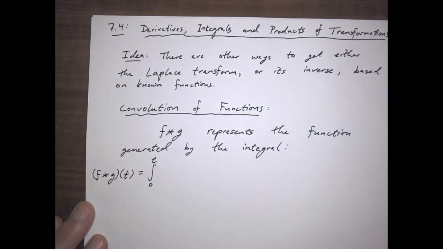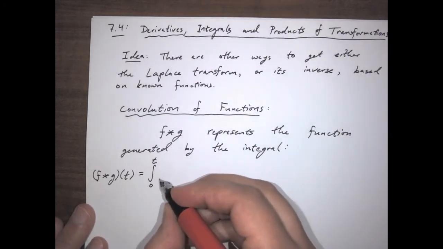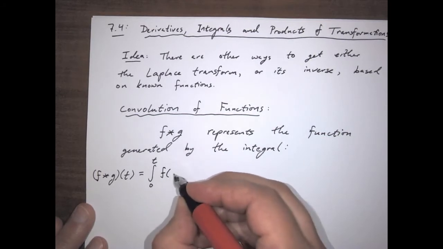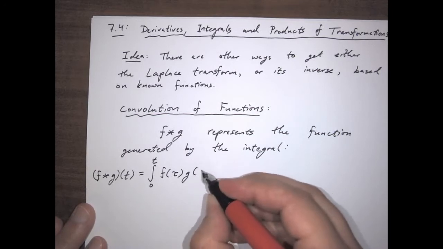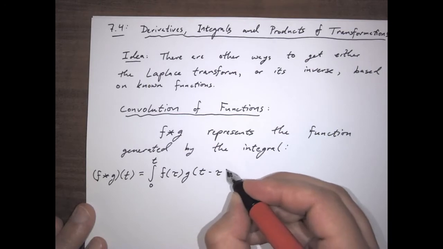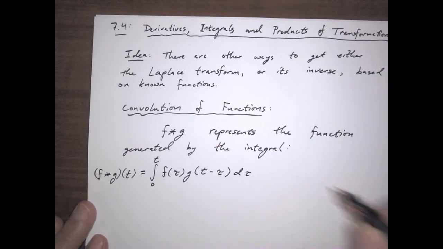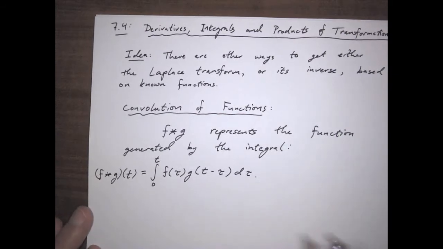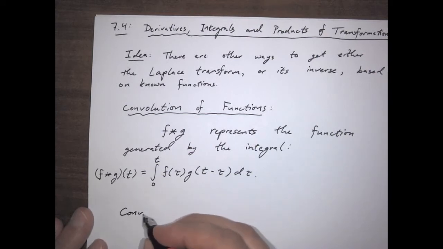So f convoluted with g of t is going to be the integral from 0 to t of f of tau times g of t minus tau, d tau, a derivative with respect to tau. Now the reason for bringing this up is the following, and there's what's called the convolution theorem.